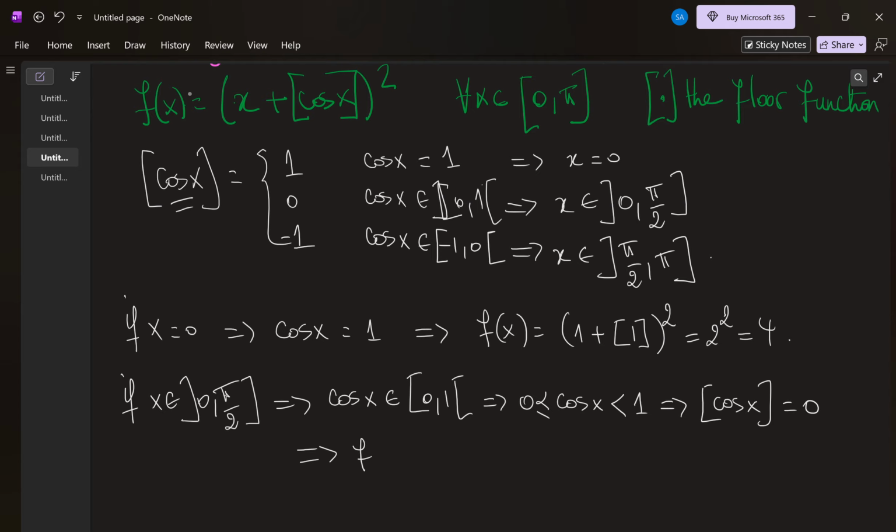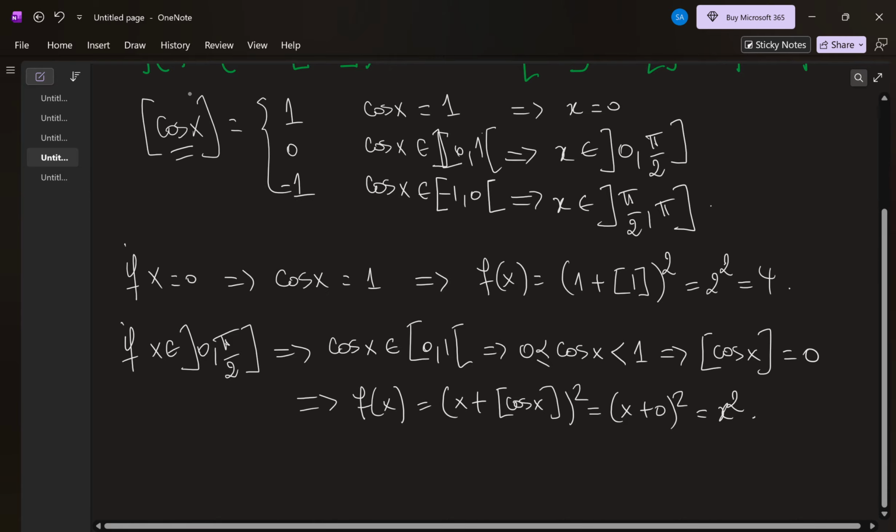So the function f of x will be equal to x plus the floor function of cos x all squared. In this case it is equal to x plus 0 all squared, which is x squared.